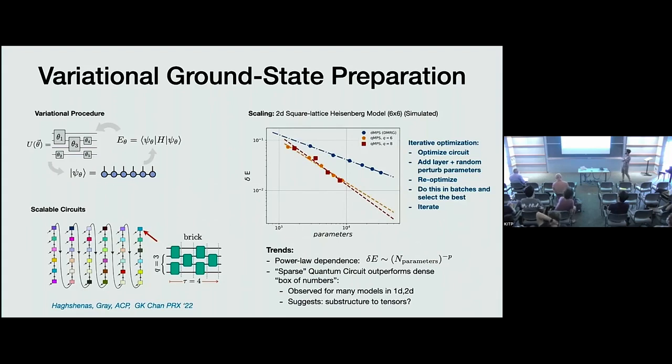It's polynomial, yeah. If you ask Garnet, he'll tell you that you shouldn't expect an exponential speedup on ground state preparation.